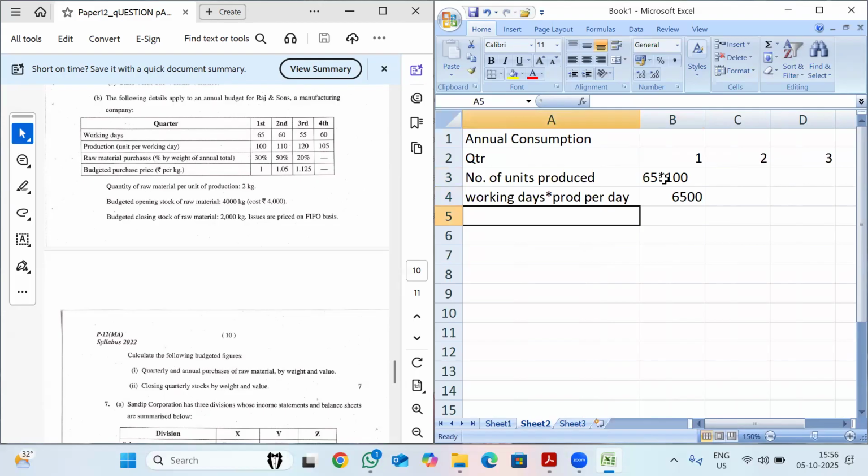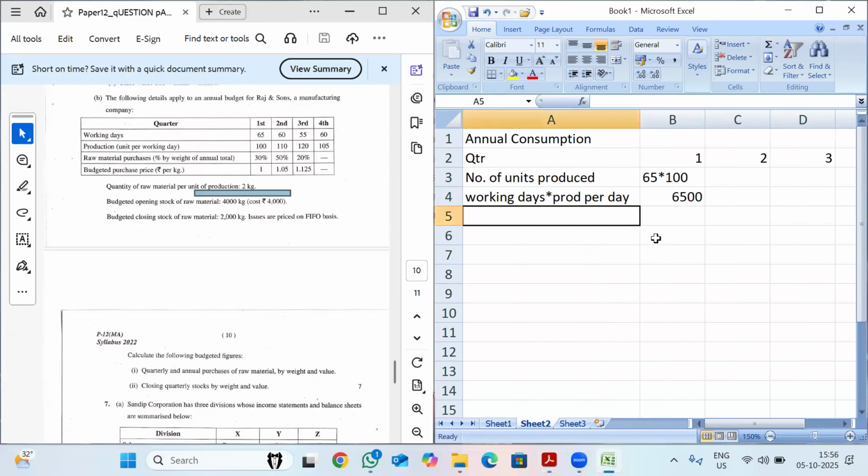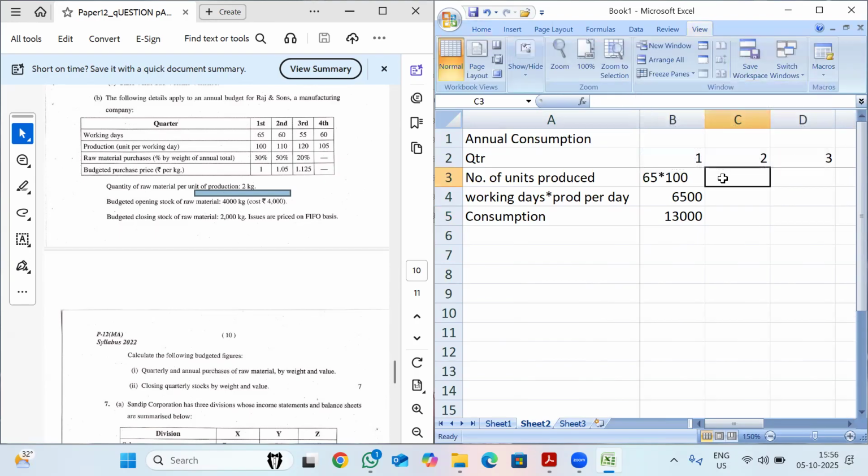So what is the raw material requirement here? For producing 1 unit, I require 2 kgs of raw material, right? So I need 6,500 into 2. So 13,000 kgs of raw material. So consumption is 13,000. For second quarter, it is 110 into 60, and for third quarter 120 into 55, fourth quarter 105 into 60.